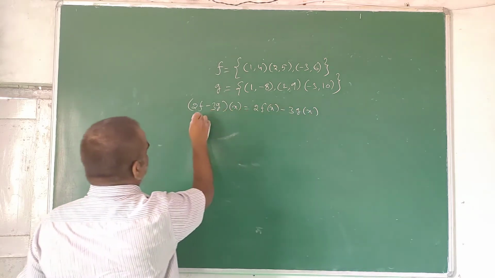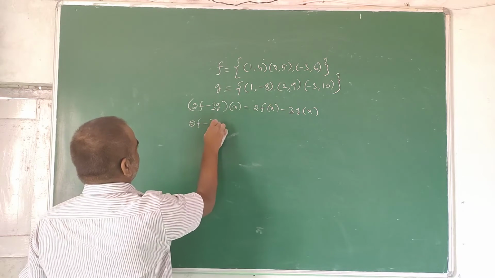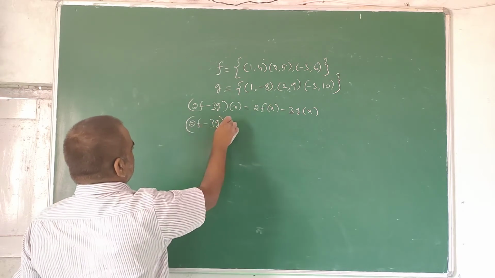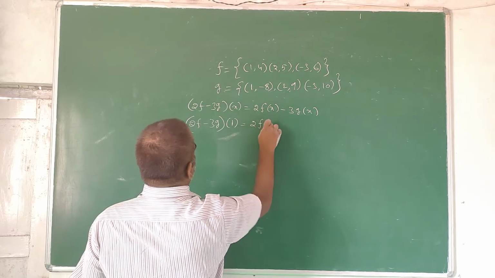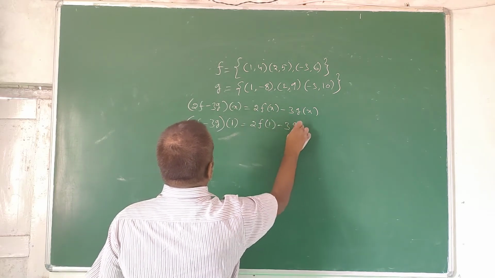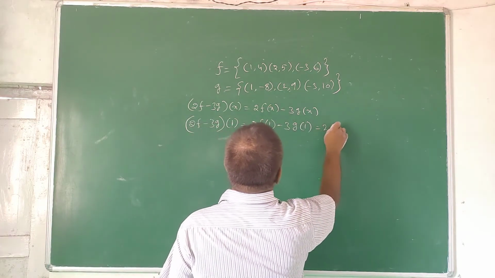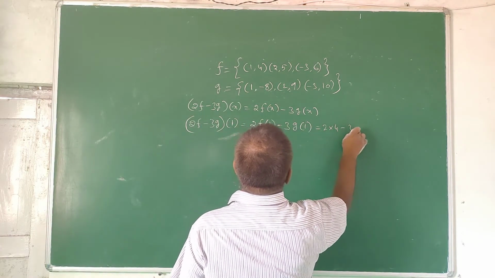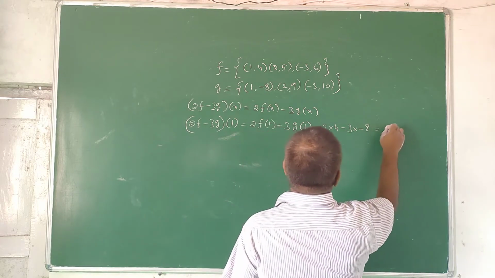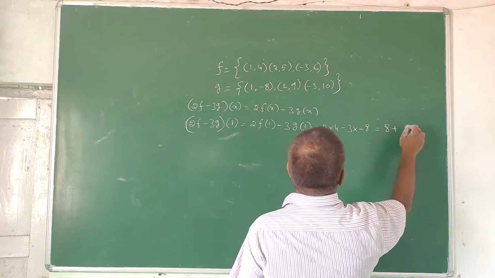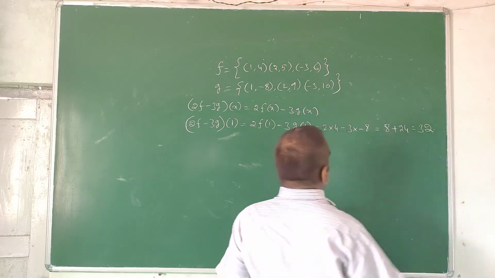So now first 1, next 2, next minus 3, same as the previous problem. (2f minus 3g) of 1 is equal to 2 into f of 1 minus 3 into g of 1, which is equal to 2 into f of 1 is 4 minus 3 into g of 1 is minus 8. So 2 4s are 8, minus into minus plus, 3 8s are 24, which is 32.